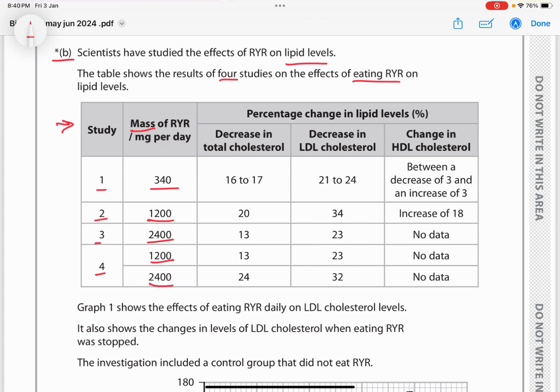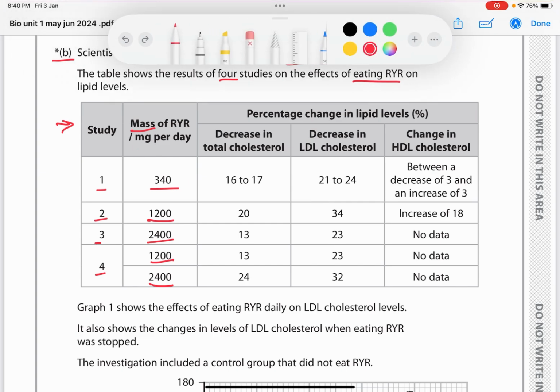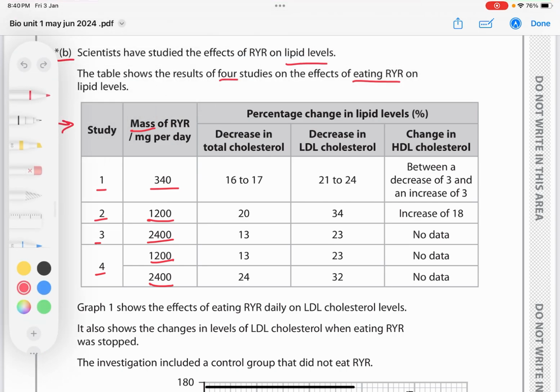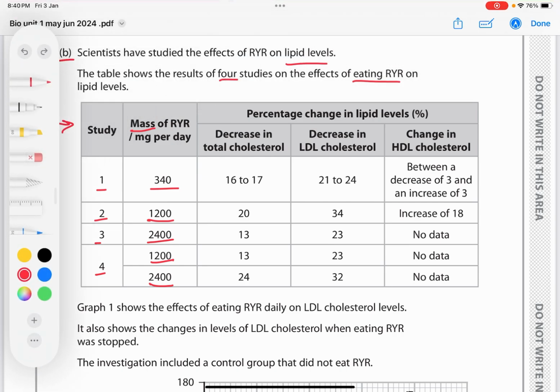So from here, the first point that we can see is that there is an inconsistency within the mass of RYR that was given to the people. That's the first thing. Second thing is we can see the decrease in the total cholesterol. We have a decrease in LDL, and we have the change in HDL cholesterol.